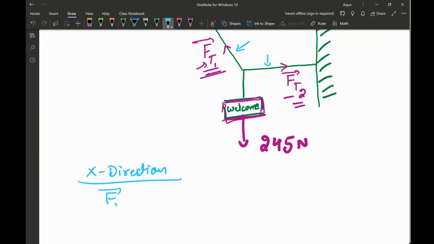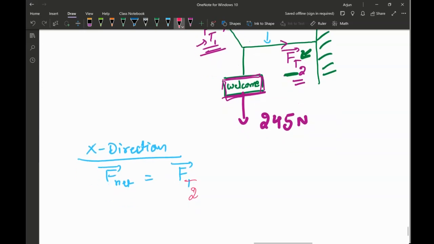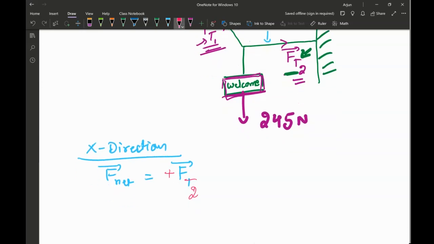So F net in the x direction will be equal to F1. How many forces are acting in the x direction? Let's see. This force Ft2 is acting in the x direction, in the positive direction, so I'll call it a positive force.